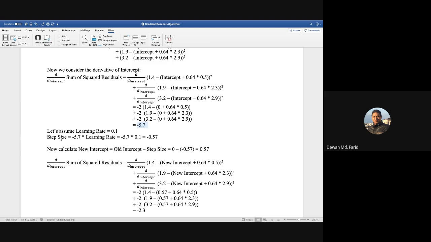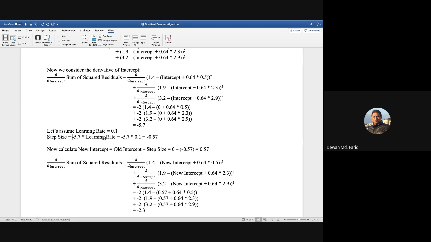Now you can find the step size. This is your previous point, and we need to find the new point for W0 or intercept. Step size is basically your jump size, which is this value times the learning rate.